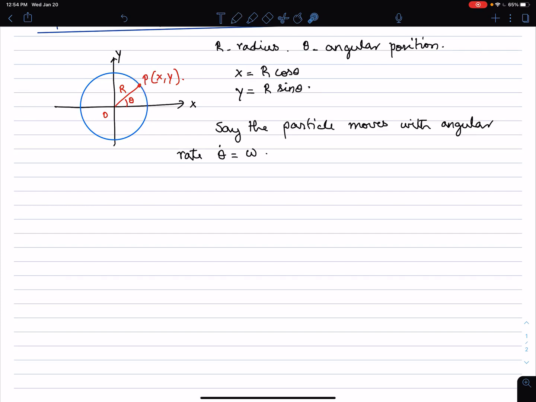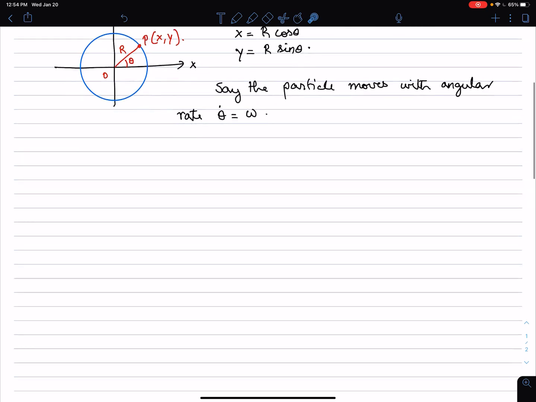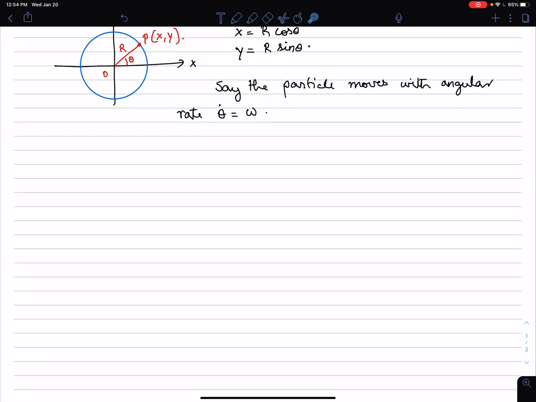Okay, so given all this, what is the speed with which the particle travels? Okay, so what is the speed? Speed v of the particle is given by r theta dot or r omega. Okay, and this is of course tangential to the circle.